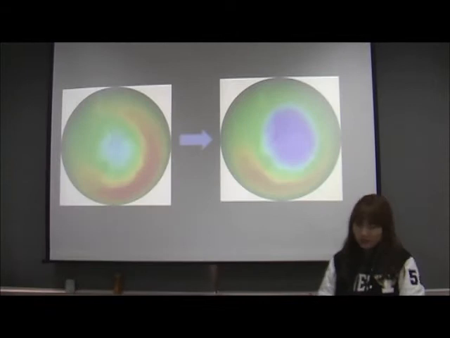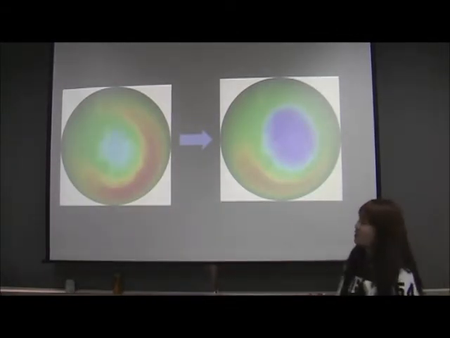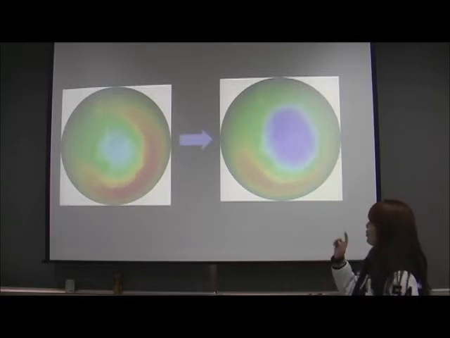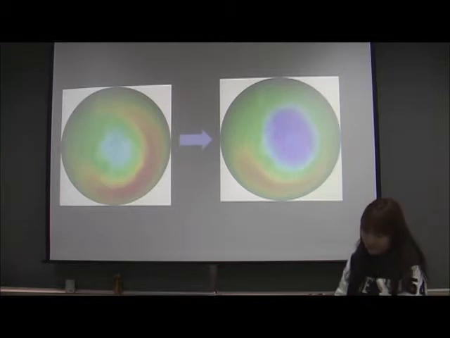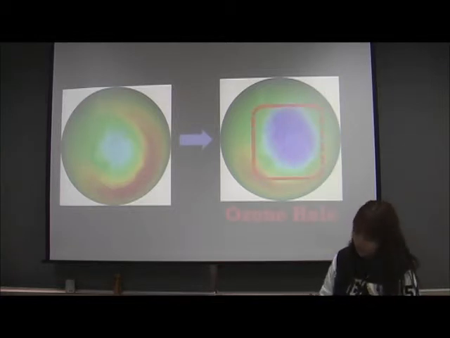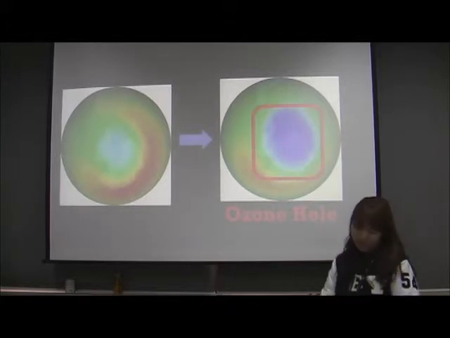However, as you can see in these pictures, the first one was taken in 1979 and the other in 2010. And the big difference between these pictures is the blue part, which means the ozone hole. So we can notice that we have quite a huge ozone hole these days.